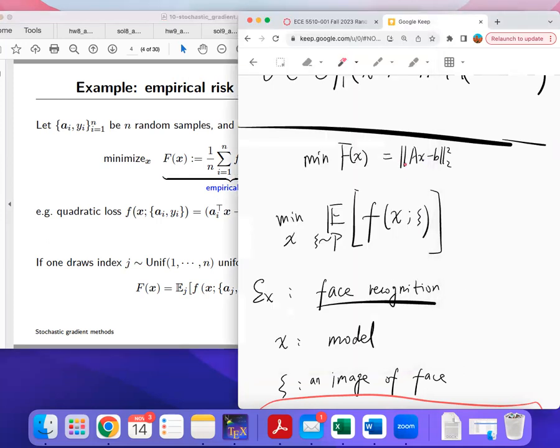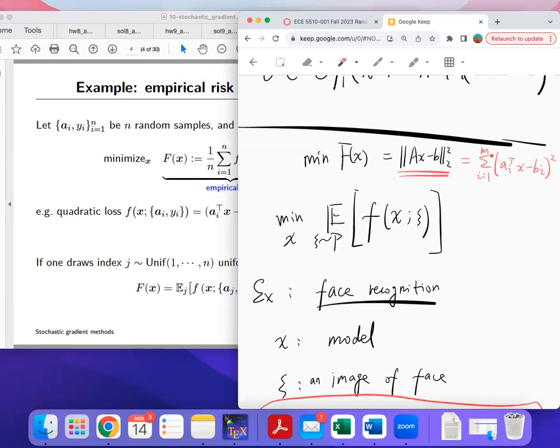Because you can check that this one equals the sum of a_i transpose x minus b_i to the power 2. Okay, assume you have n measurements. a_i is the ith row of this matrix A. b_i is the ith coordinate.